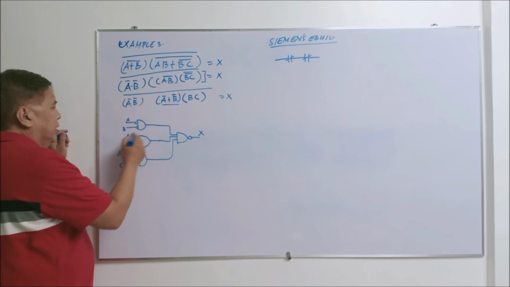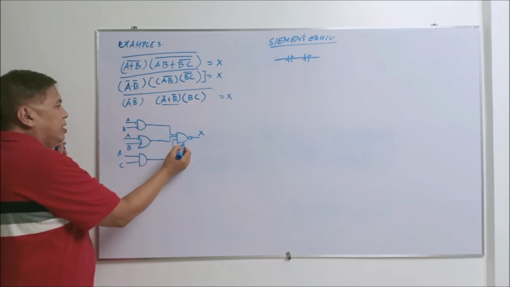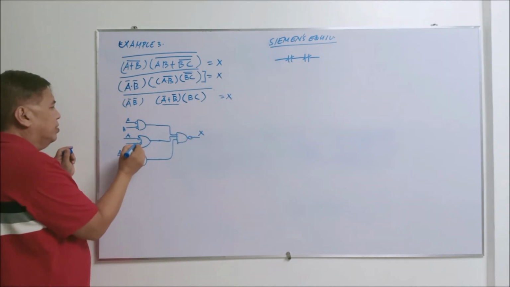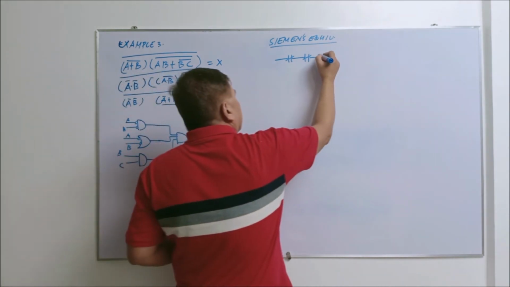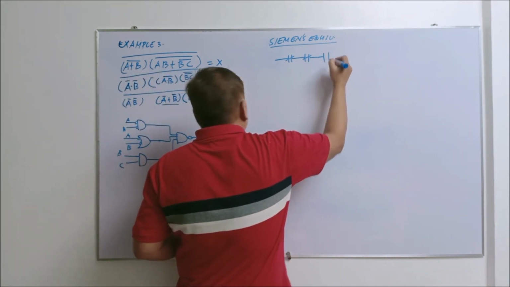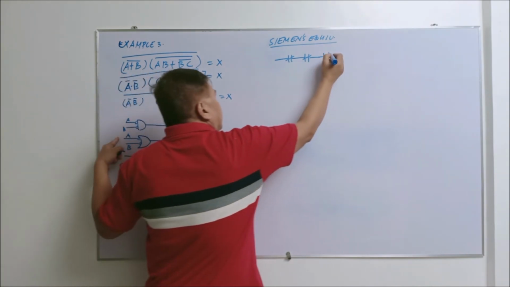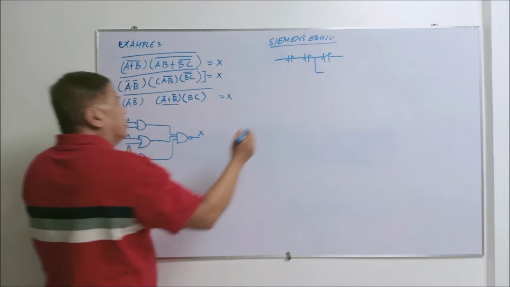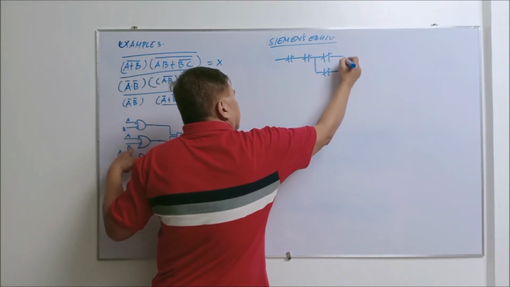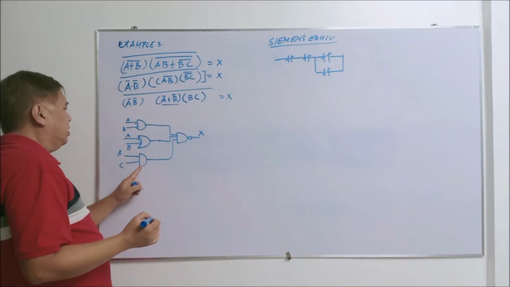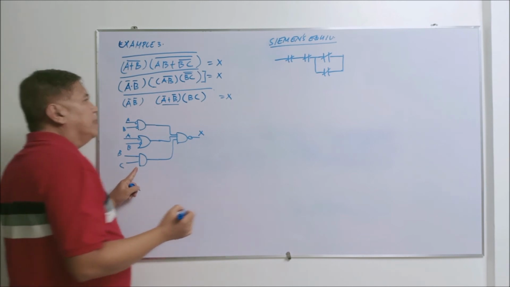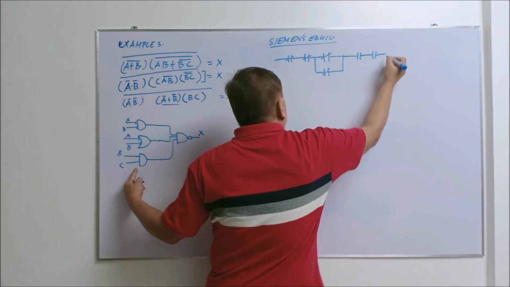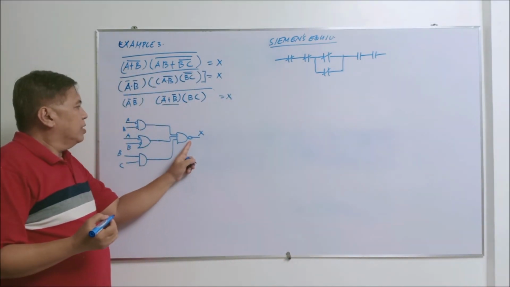Then you have an OR, and all of these are being multiplied together using an AND gate, so the connection is in series. So you have another representation, which is A bar, parallel to B bar, and then it is being multiplied to BC. So you have a series connection, B, C. Now take note that it is also being inverted.